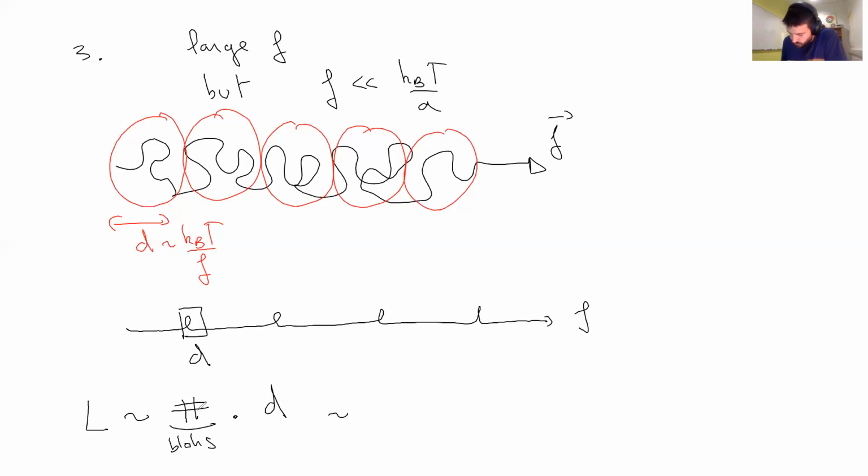So what is the number of blobs? Well, it's the real number of monomers divided by the number of monomers inside a blob, and D is still here. So we have to remember the blob picture.